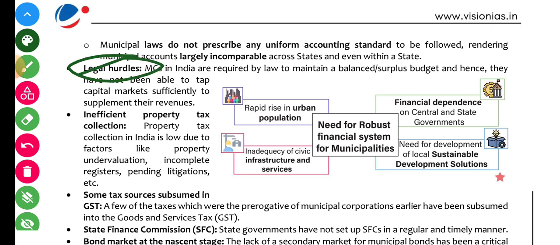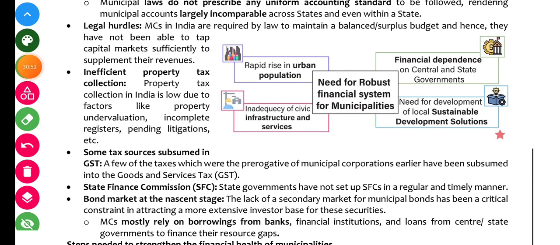Legal hurdle, okay, and inefficient property tax collection. So you can remember. Next is the inefficient property tax collection, and some tax resources subsumed in GST. You can remember this. State Finance Commission: state governments have not set up State Finance Commissions in a regular and timely manner.